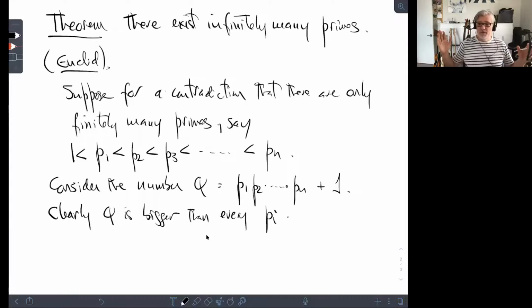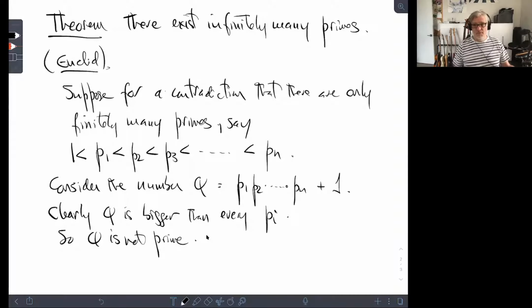So I'm multiplying out the Pi together and adding 1. This number is bigger than all the primes, and hence it's not prime. So Q is not prime. It's not in the list. It's composite, so it must be divisible by some prime.